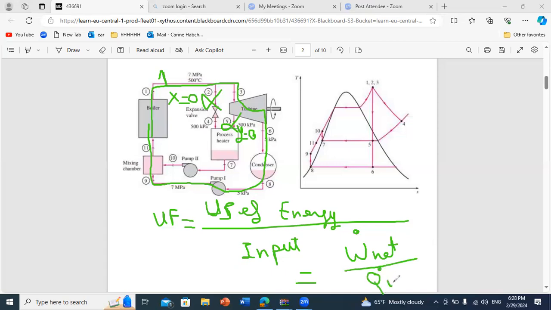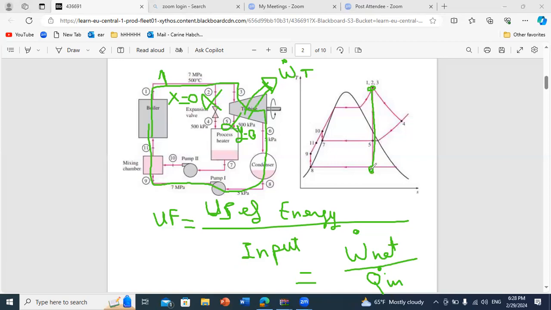Okay, so in this case, what is W dot net? Let us look at our figure. We have production of work through my turbine, so here I have W dot turbine. And since I have no extraction, no need to divide into two stages. So I expand from 1 to 6 with the total mass flow rate.